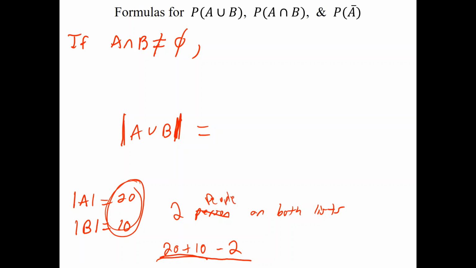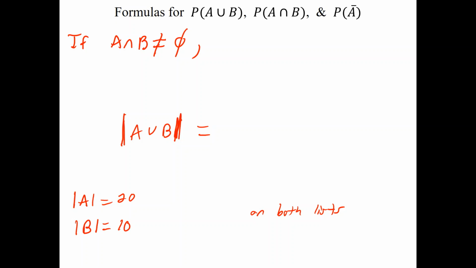Okay, let's try it one more time. Let's say that there's 7 people on both lists. Then how many people are invited to the wedding? Well, again, you're not going to do 20 plus 10. Think about it for a second to see what the answer is. 7 people are on both, so you don't want to count those 7 people twice.